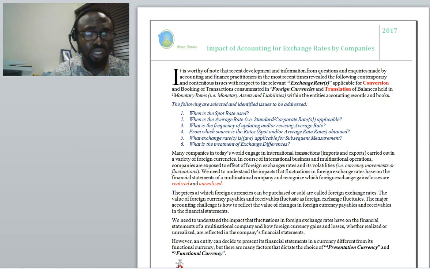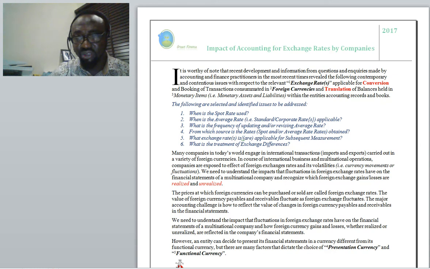But as we move on, we realize that there are instances or situations that might make it impracticable to adopt your functional currency as your reporting currency, which means your presentation currency can be different from your functional currency. All of this will be considered as we move on.